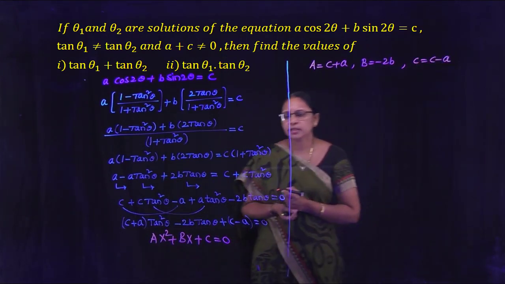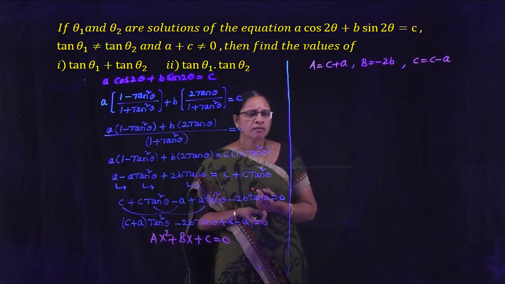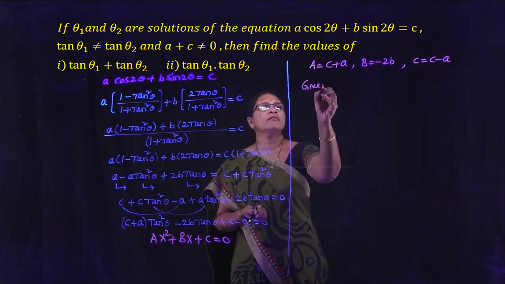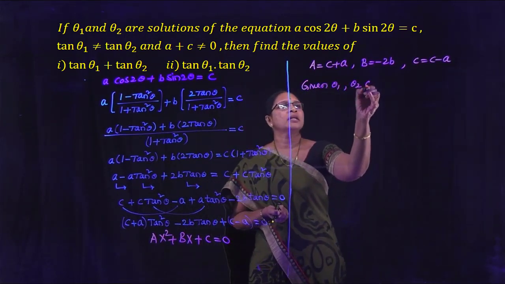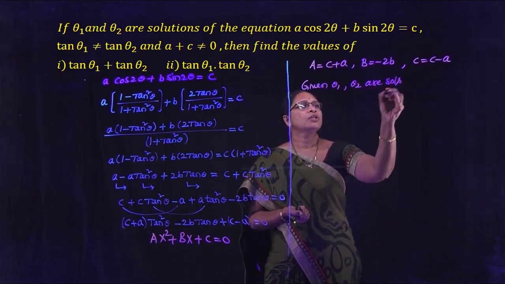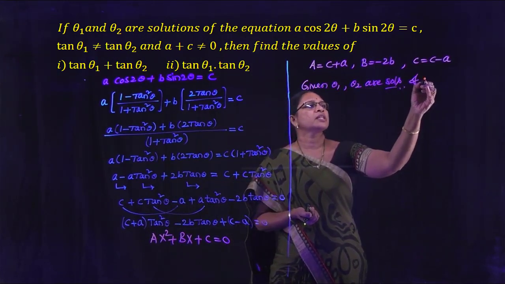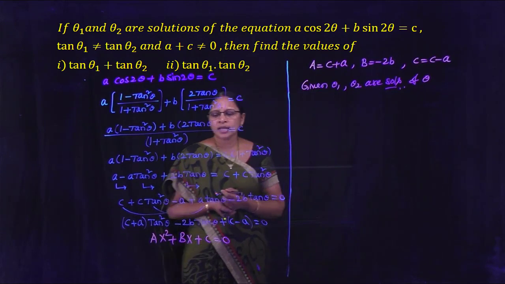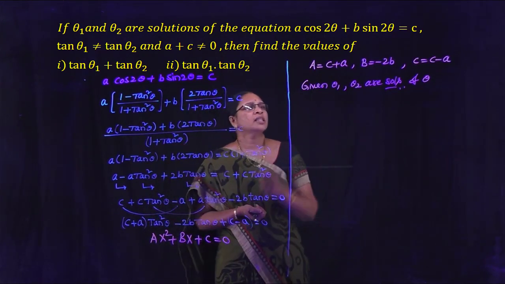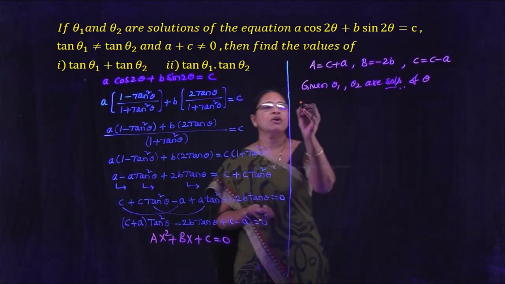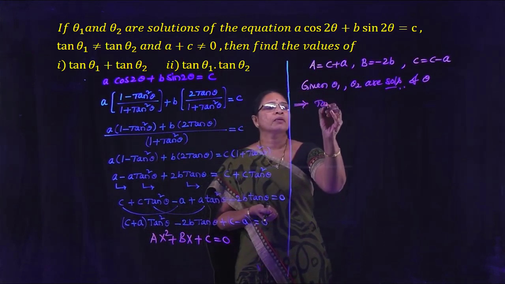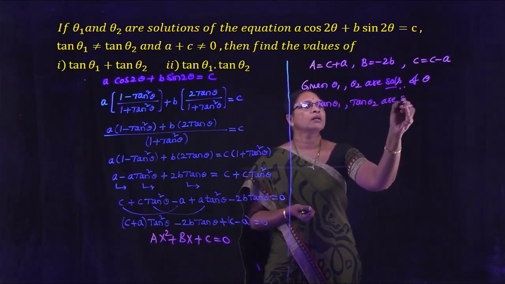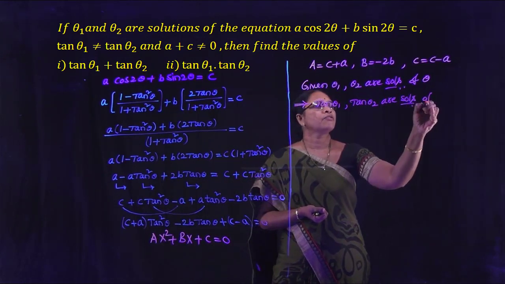Given that theta 1 and theta 2 are solutions of the given equation, and the equation is a quadratic equation in tan theta, so tan theta 1 and tan theta 2 are the roots in tan theta.